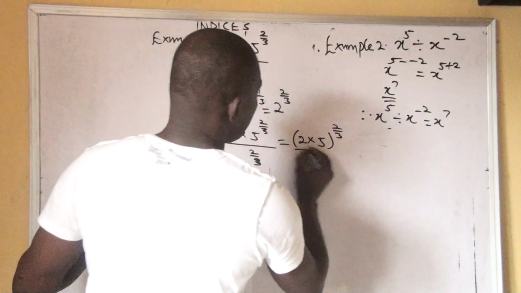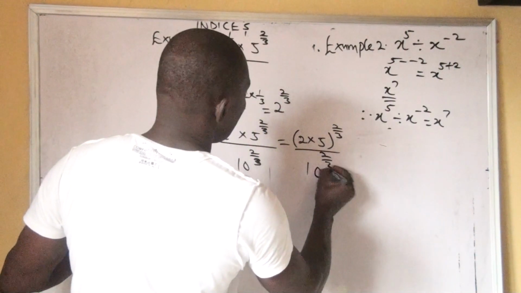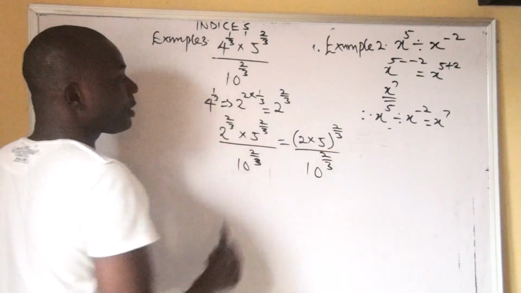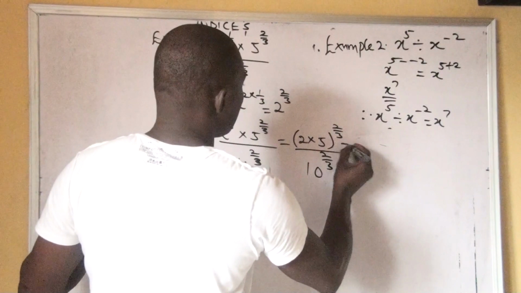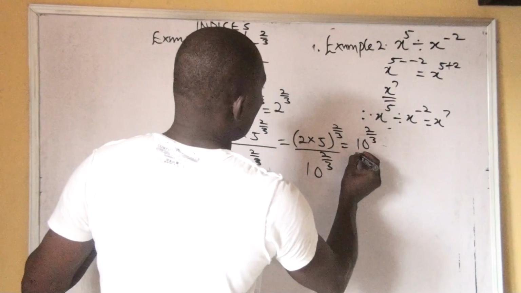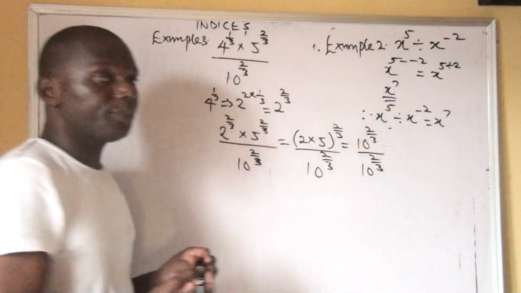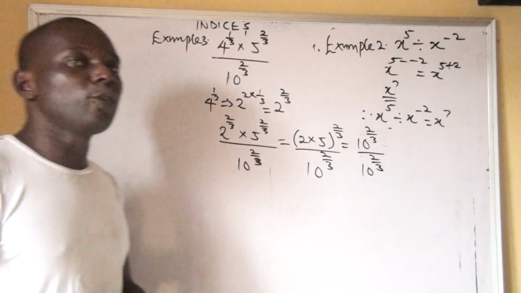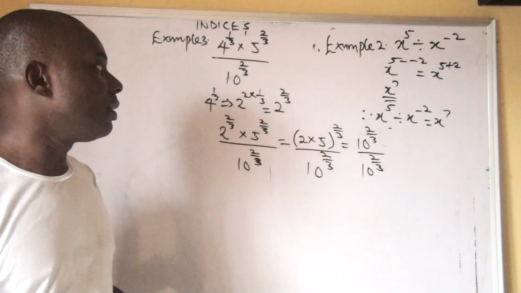Then at our denominator we have 10 raised to power 2 over 3. 2 times 5 gives us 10, so this becomes 10 raised to power 2 over 3 all over 10 raised to power 2 over 3. So we have to be able to make the base the same.